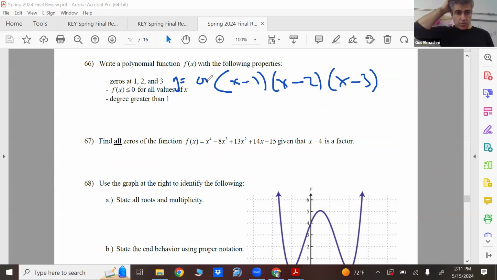They say that this is true, that y is less than or equal to 0 for all values of x. The degree is greater than 1. Okay, obviously I have that all set. That's interesting. So you have 1, 2, and 3. So the graph could look like this, right?